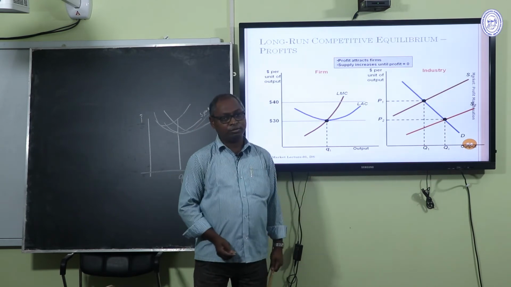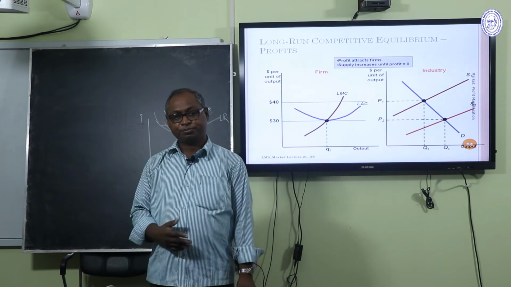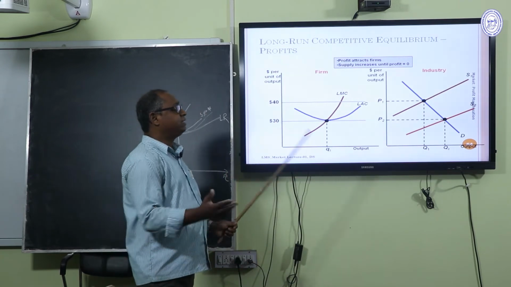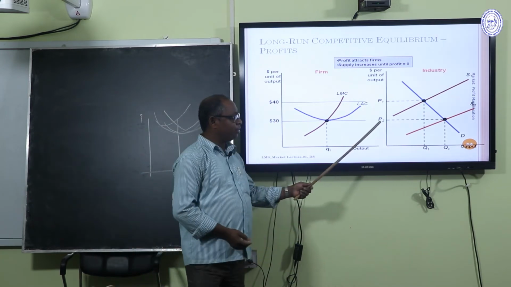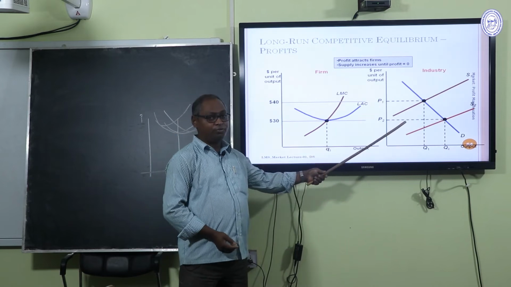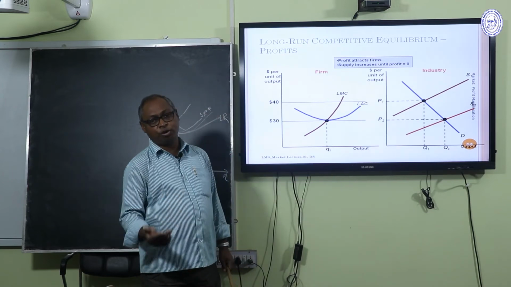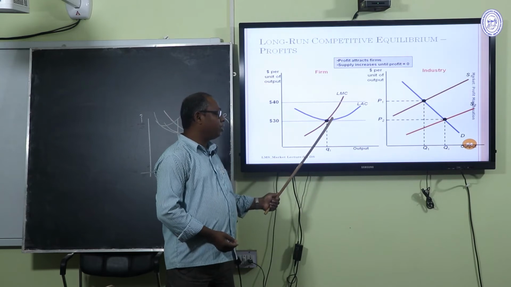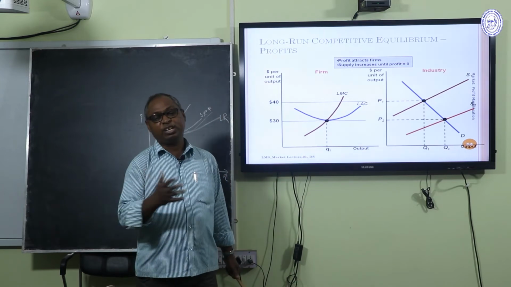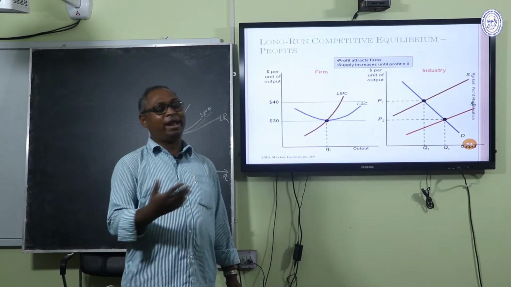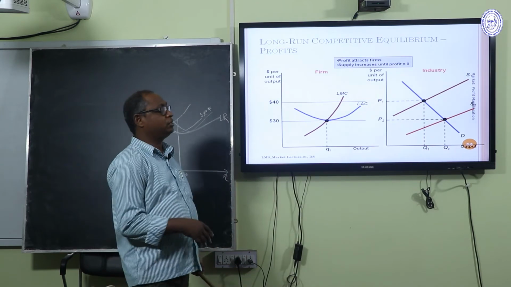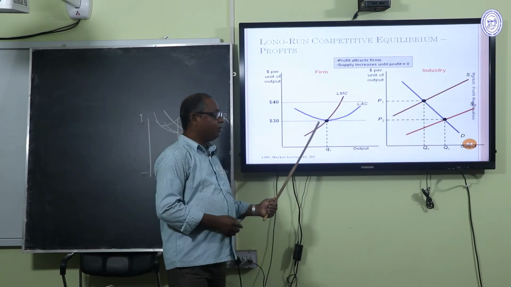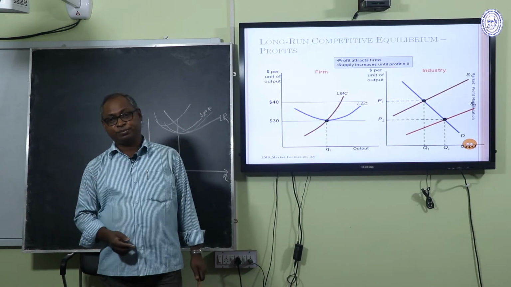Price will fall, because there is excess supply. And how much will price fall? It will depend on the situation, until all the firms in the industry, existing firms and new entrants, come to the minimum point of LAC.